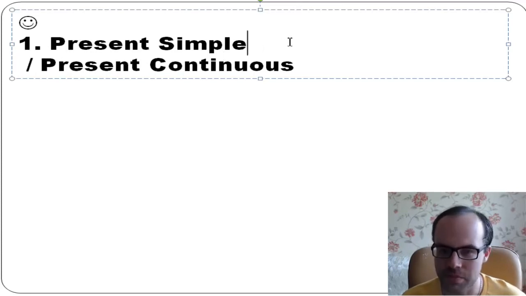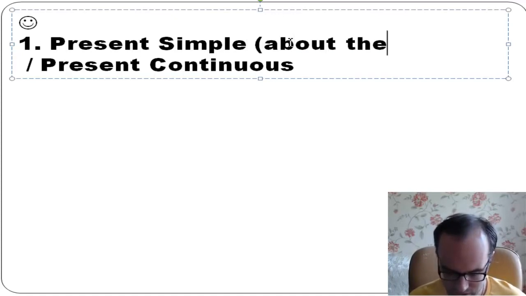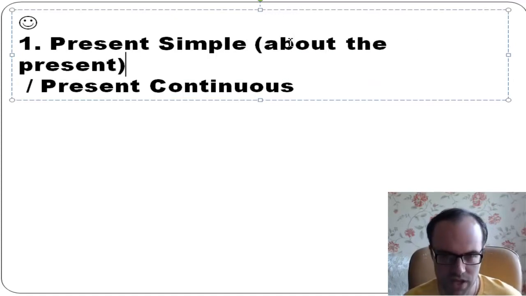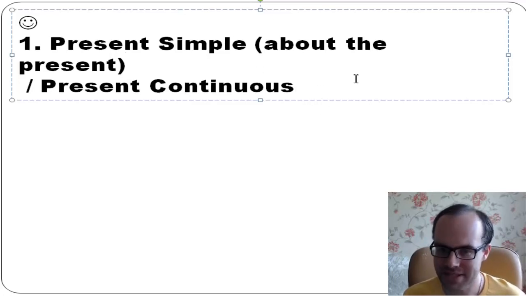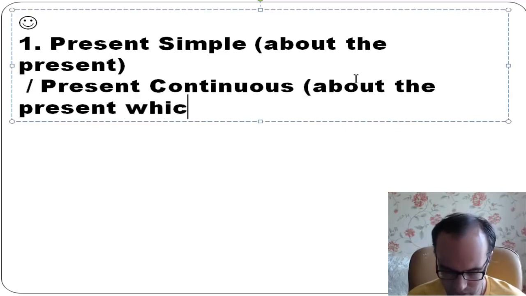So present simple tells us about the present, and present continuous is also about the present, but which is now?